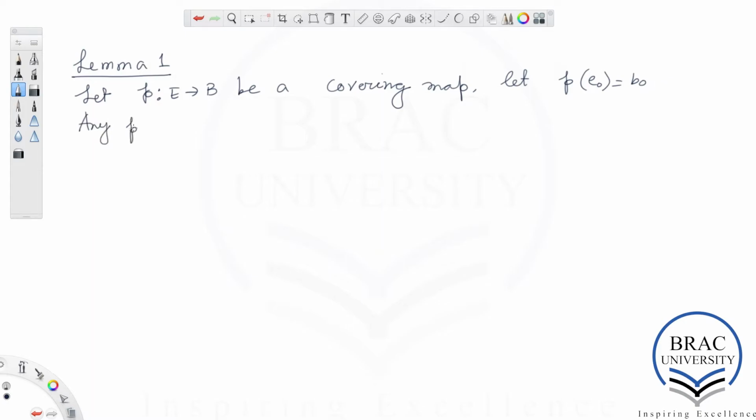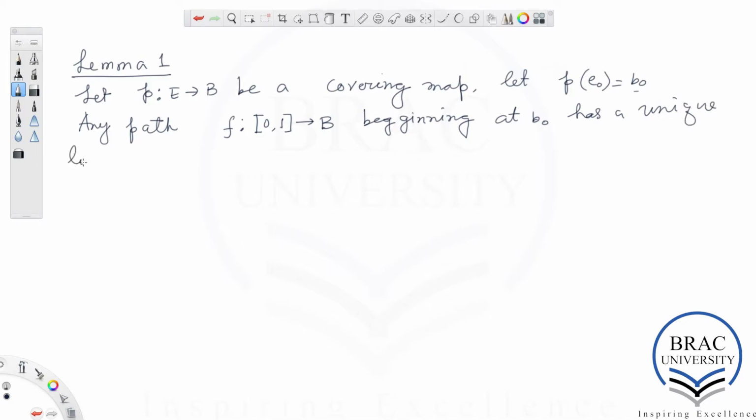Any path f, which is a map from [0, 1] to this base topological space B, beginning at the point b0, has a unique lifting to a path f bar in this covering space E beginning at e0. Okay, so this is the statement of this first lemma.